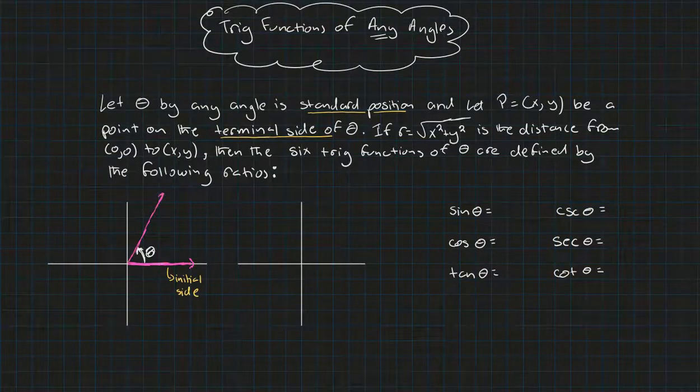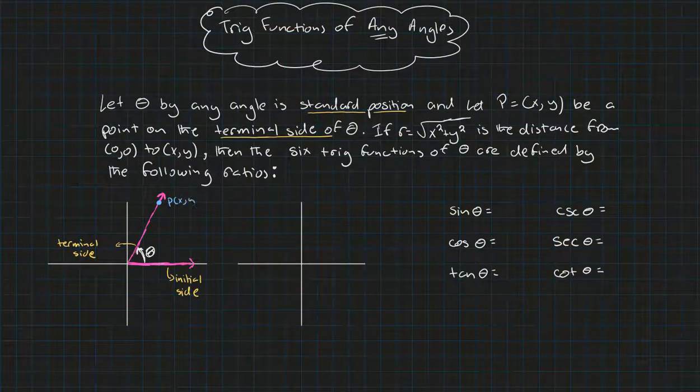This is our terminal side, the side that is opening up to make the angle with your initial side. And then it's saying let there be a point P. So let's just call this point P, x comma y.